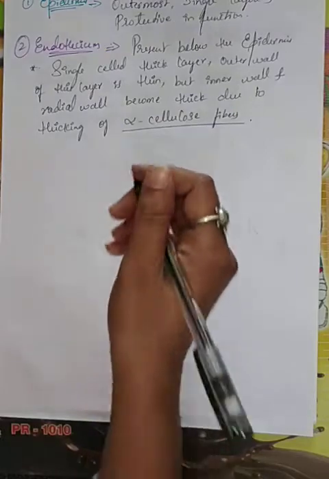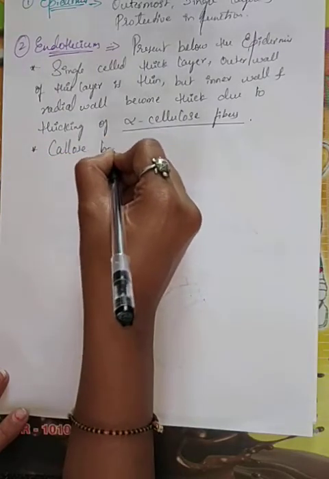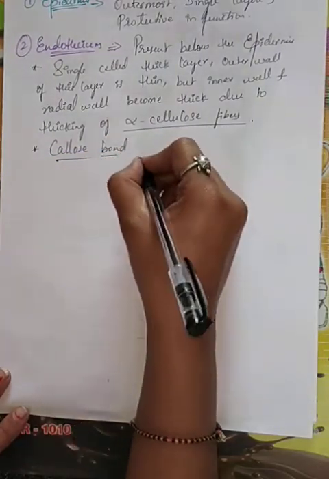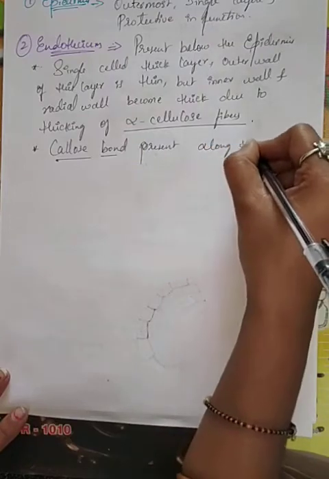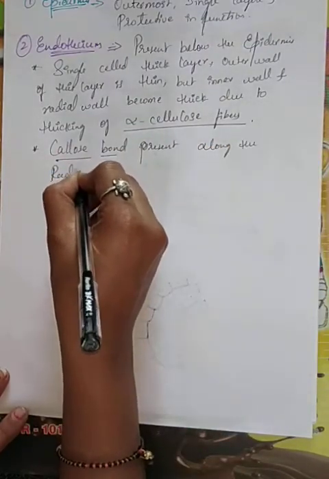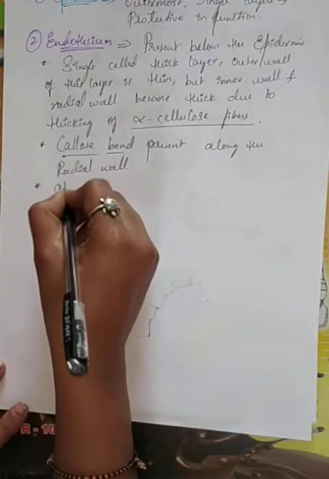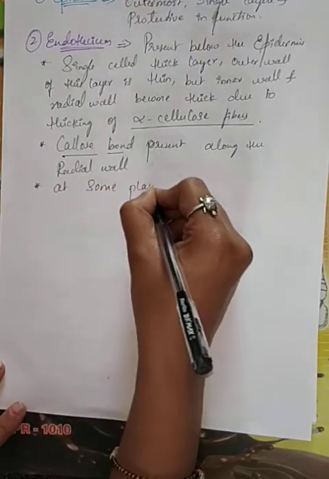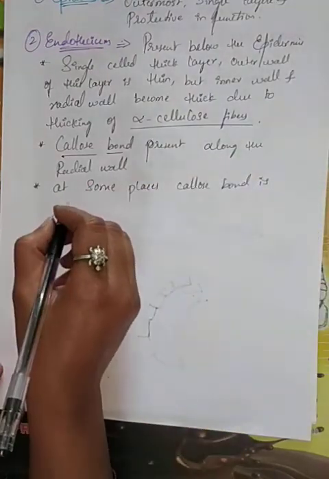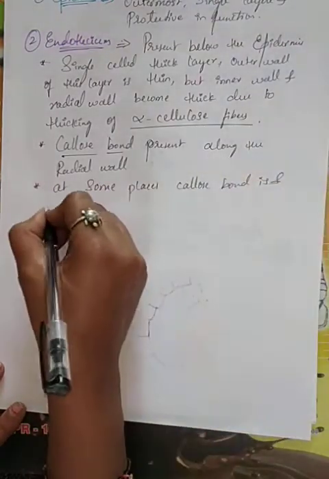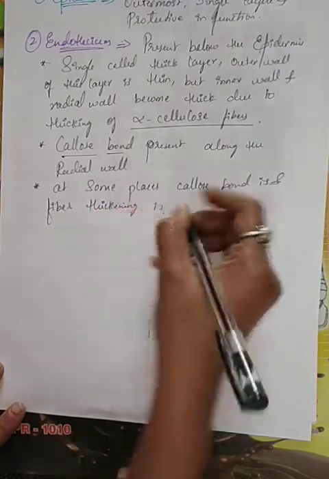Okay, here what happens, along with the radial wall there are callose bands. Callose bands are present along the radial wall, and at some places this fibre thickening is absent.